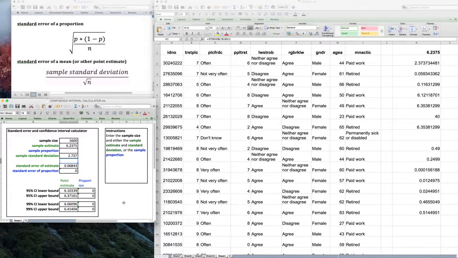Let's try it with a sample proportion. Let's go with 0.49 for the proportion of people in the sample who are in paid work. Whoops. I see what I've done wrong with the other one.